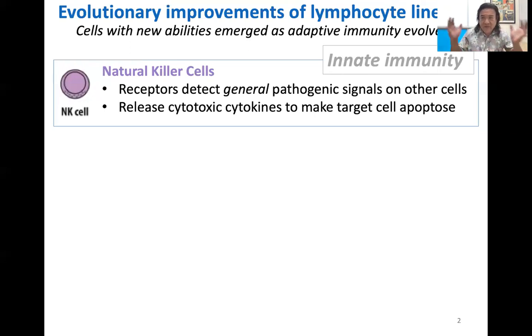They're done mostly in a very non-targeted kind of way, right? These cells activate and they just release what they have inside of them.